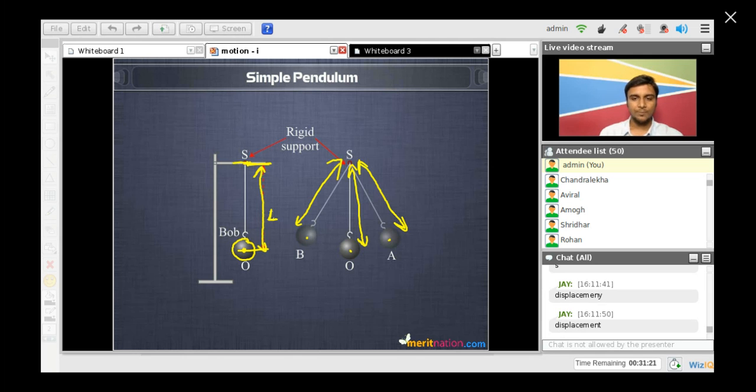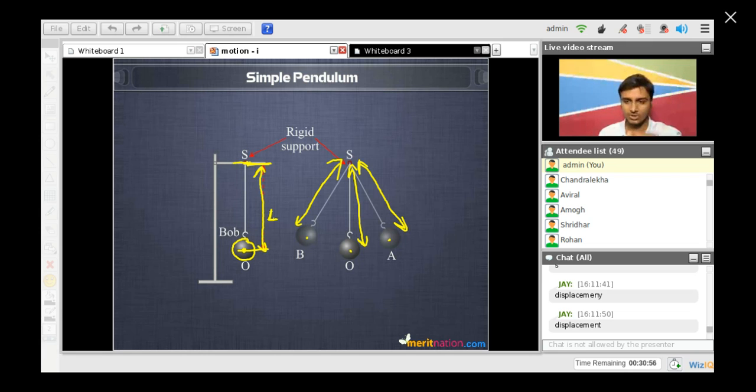Now the pendulum is shown in the figure. Here point O is the mean position, where it is at rest. If I move it to another point, it is not the mean position; it will start moving forward and backward. But if I keep it at this point, it will be at rest. If I displace it, it will start oscillatory motion.